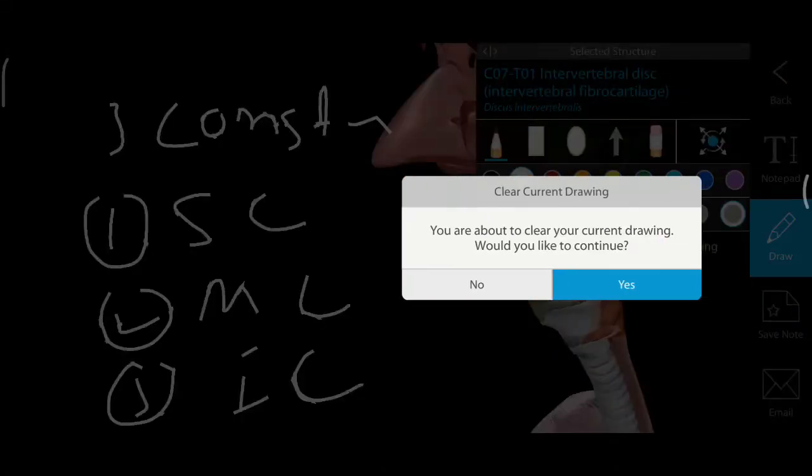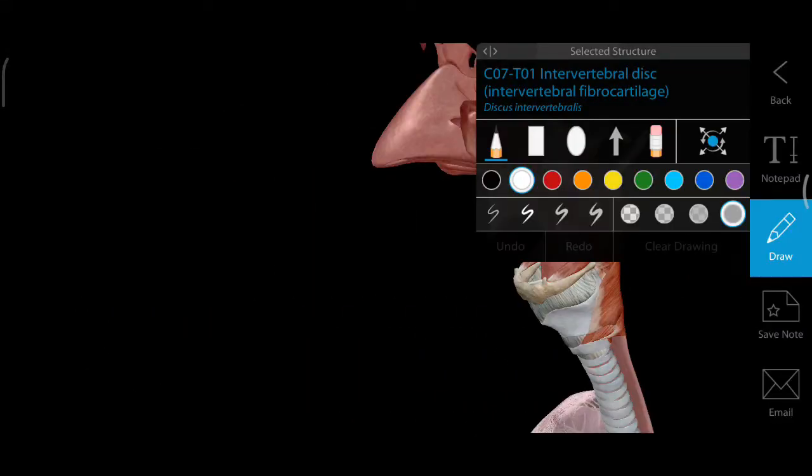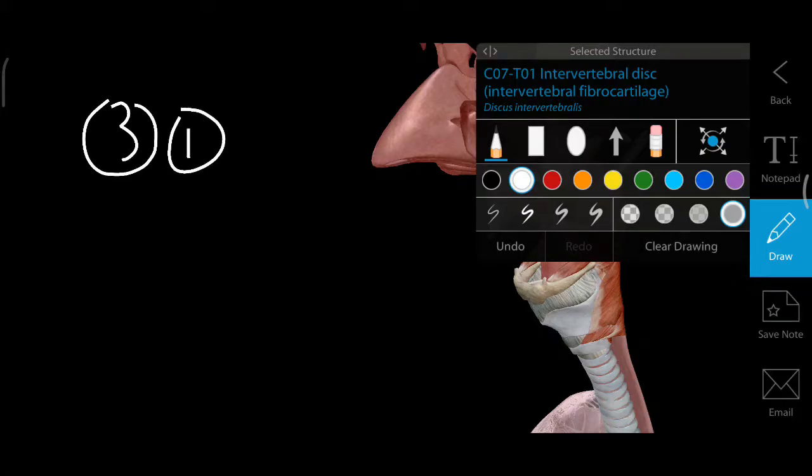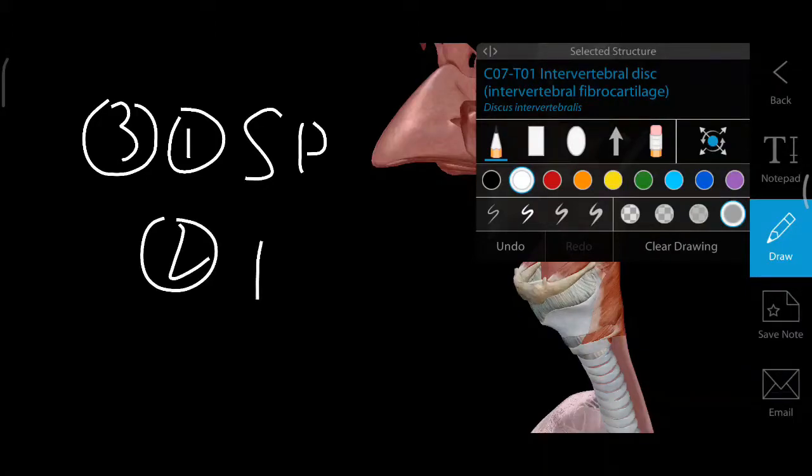For the longitudinal muscles, we have three muscles also. The first one is the stylopharyngeus, the second one is the palatopharyngeus, the third one is the salpingopharyngeus.